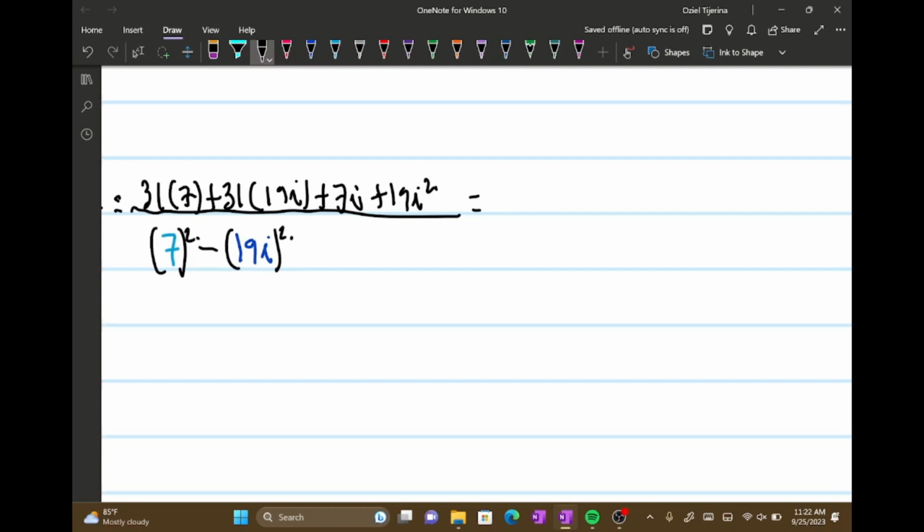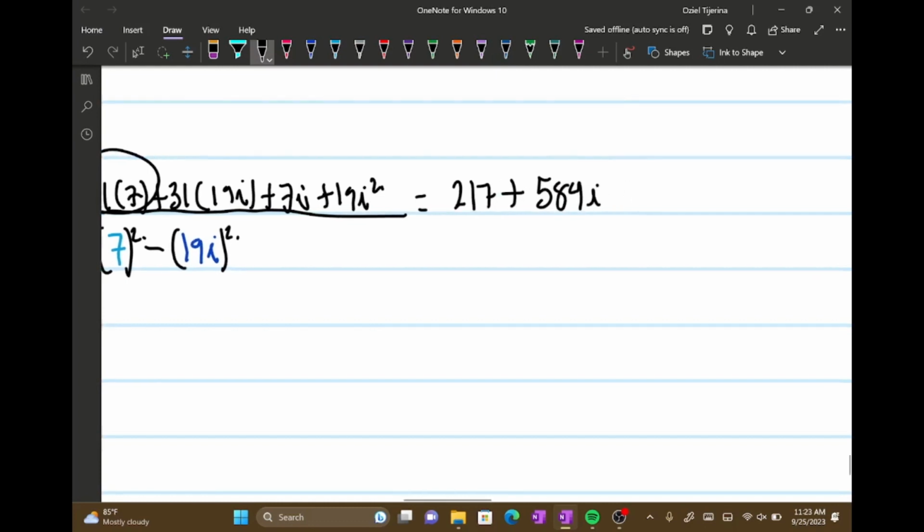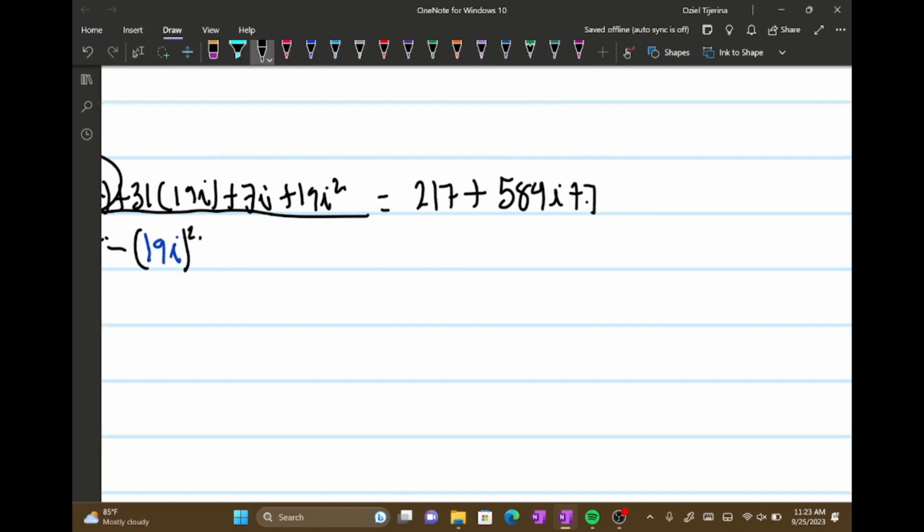Finally, we're going to go ahead and simplify this. It's going to be, what is this? 217, so this part. And then plus 31 times 19, let me get my calculator here, 589i. And then plus 7i.